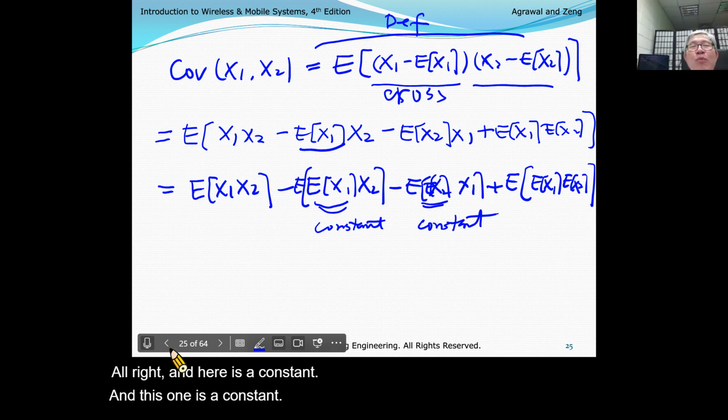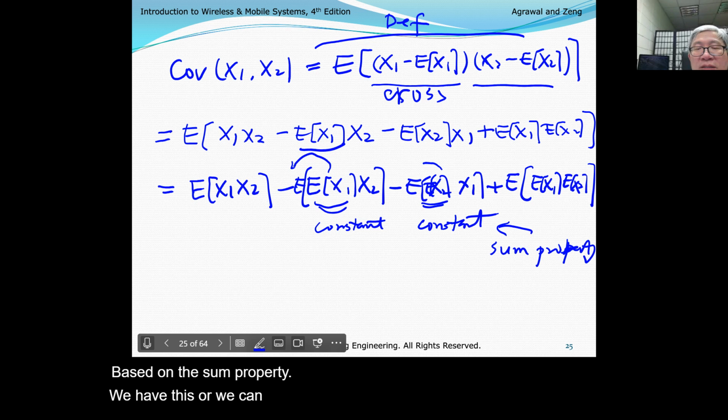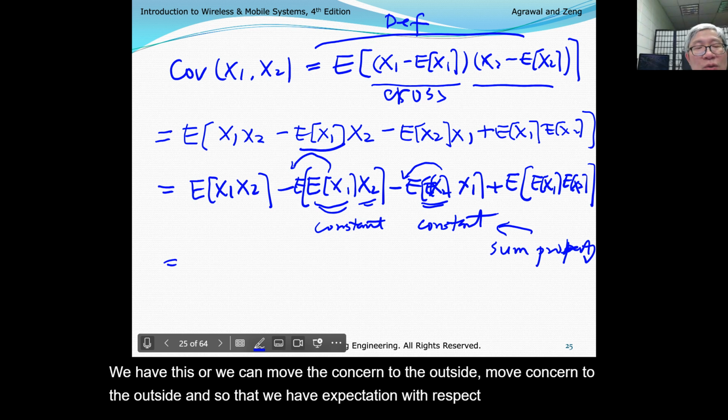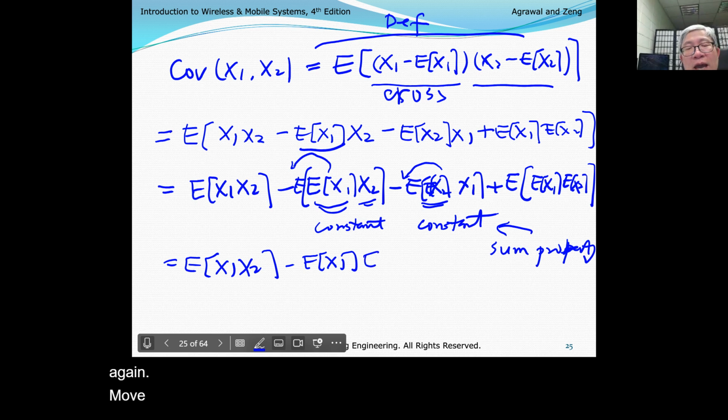Based on the sum property, we have this. Or we can move the constant to the outside. And so that we have expectation with respect to x2. So we write it again. Move it to outside, and so that we have expectation again with respect to 2.